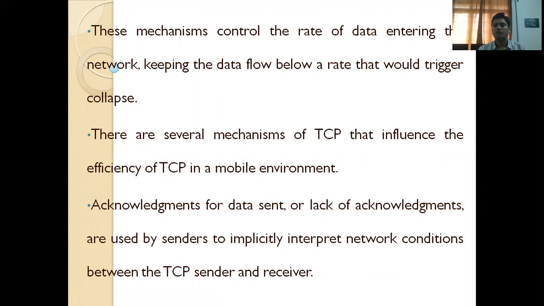Whichever mechanism is needed to complete that particular transmission is used by TCP. That's why we are discussing this. So there are several mechanisms used by TCP for delivering the data packet. Acknowledgements for data sent, or lack of acknowledgements, are used by the sender to implicitly interpret network conditions between the sender and receiver.